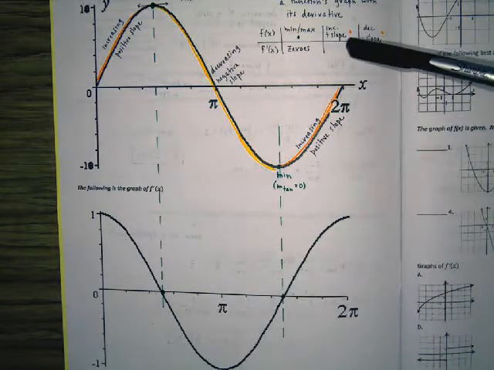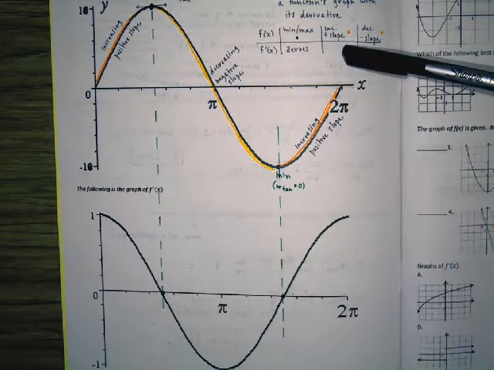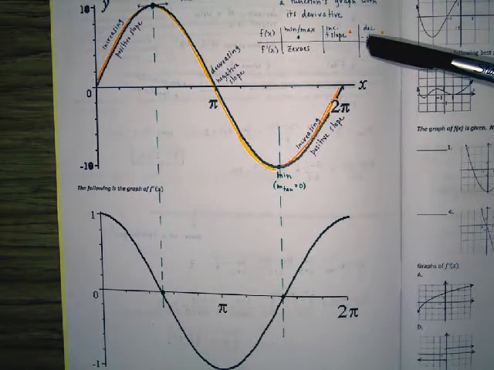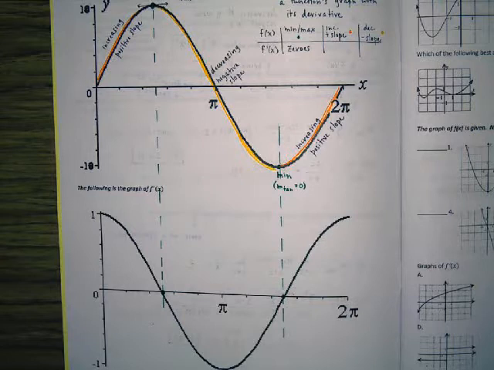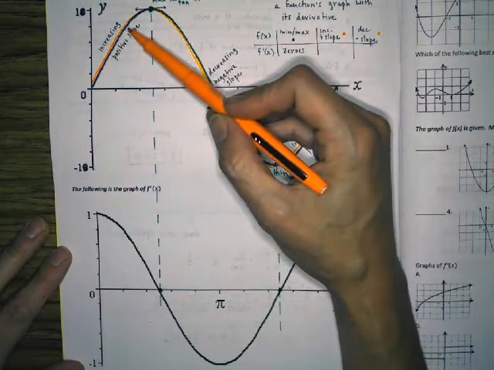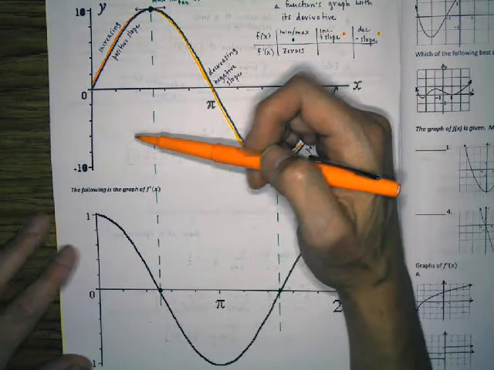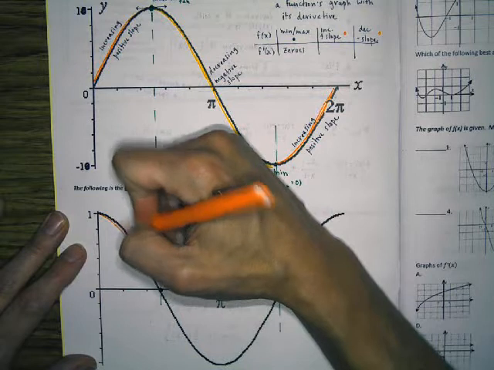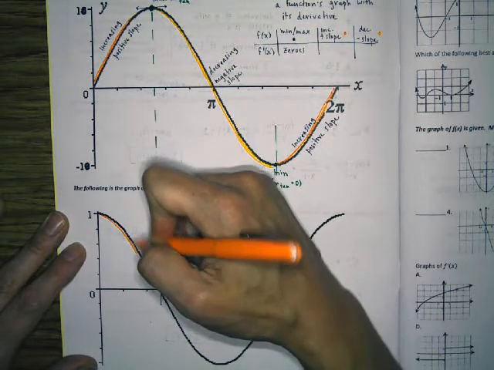So now I'm going to see what I notice about the intervals where I have an increasing interval with a positive slope and decreasing with a negative slope. So if I look over my interval where I have a positive slope, down here over the same interval I'm going to highlight it orange.